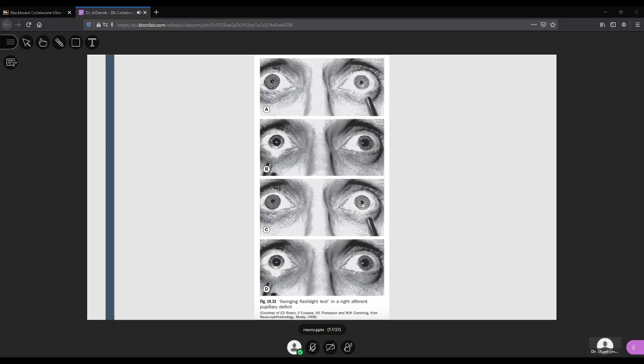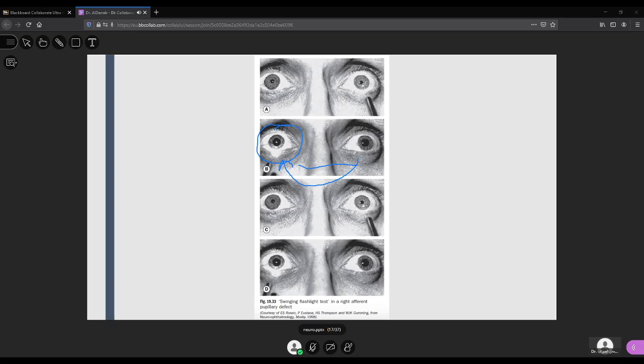Afferent pupillary defect, Marcus Gunn. This is the Marcus Gunn here. If you shift from the left to the right, the eye will be going back to normal.